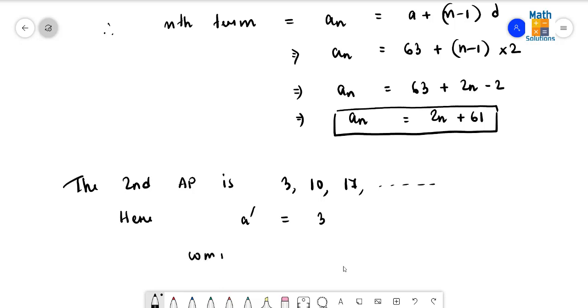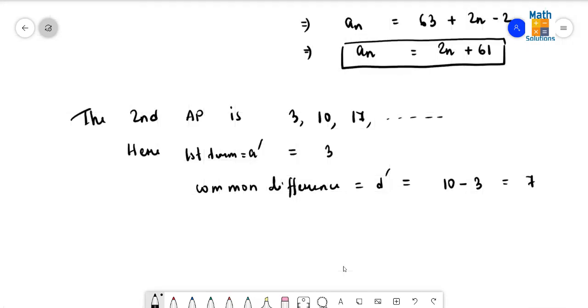Then common difference d dash equals second term minus first term. The result comes as 7. Therefore, I shall try to find out the nth term now. Therefore, the nth term a dash n is equal to a dash plus n minus 1 d dash.